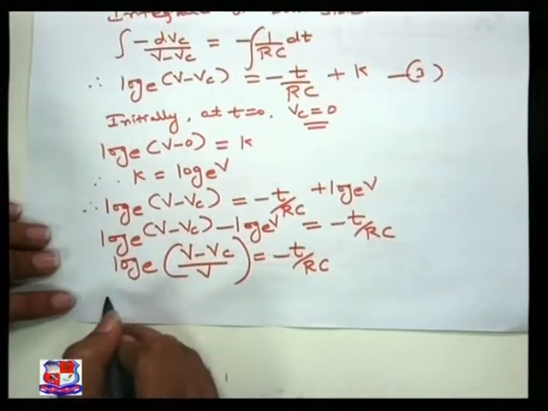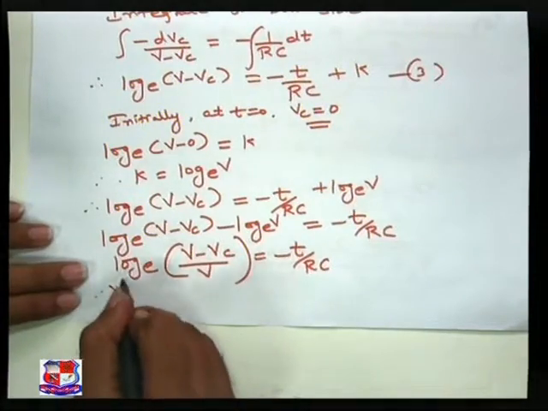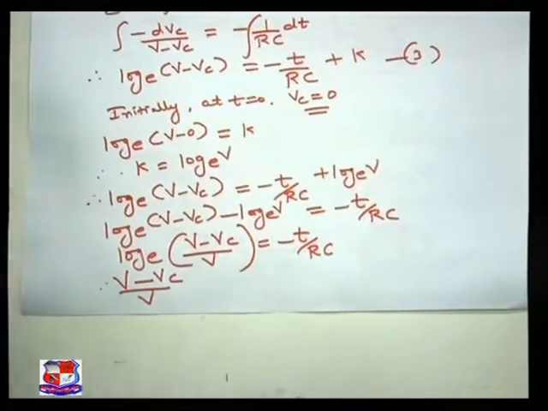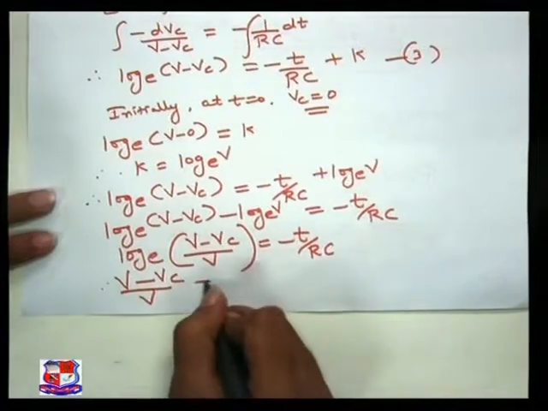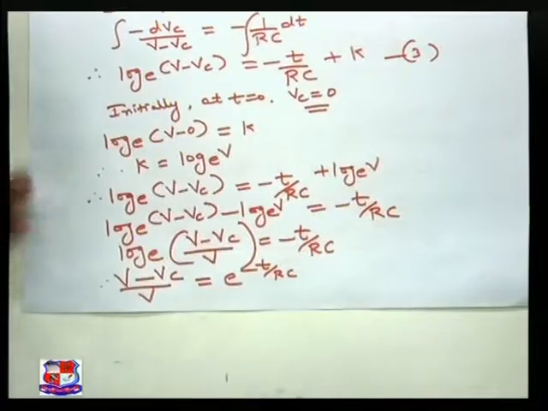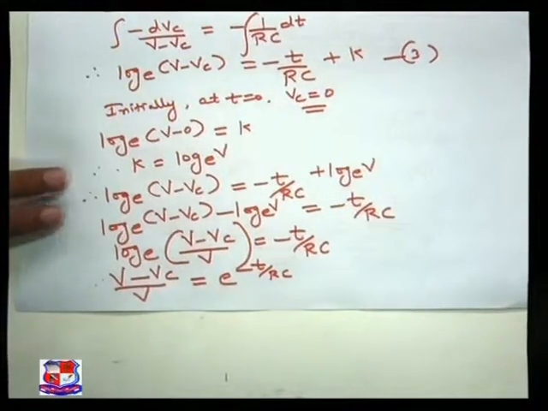right? Now if we take the antilog, you can write this equation as V minus VC upon V equal to e raised to minus t by RC, right?